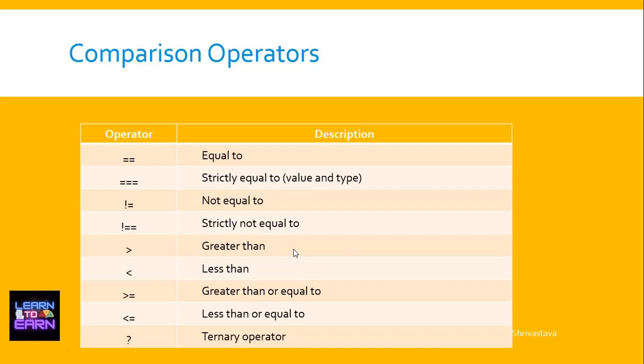The third one is not equal to. After that, it's not strictly equal to, followed by greater than, less than, greater than or equal to, less than or equal to, and the last one is the ternary operator. This question mark is a ternary operator which also needs a colon as well.